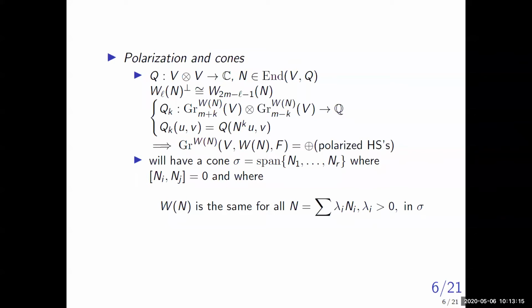If you look at commuting sets of nilpotent operators, the condition to have the same weight filtration is an algebraic one, and the set of cones that satisfy this condition is of very small dimension. A lot of equations are involved to have the same weight filtration.